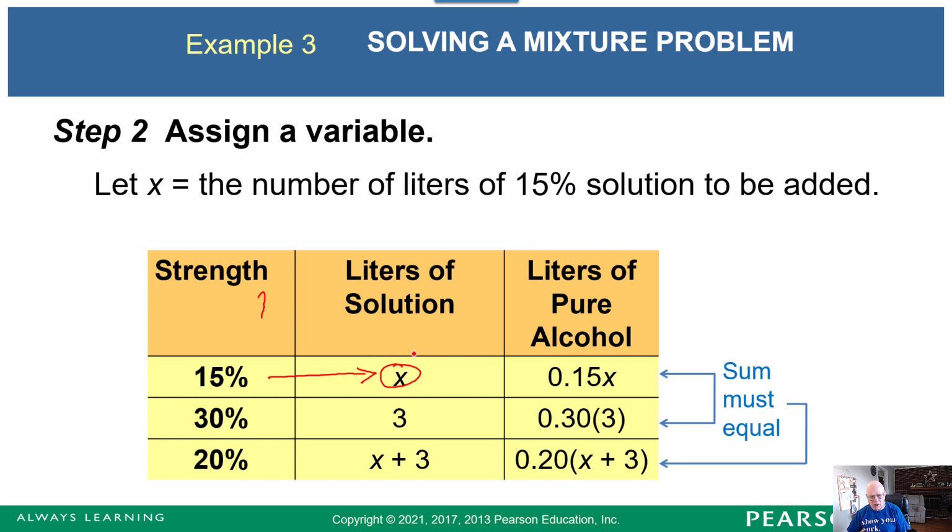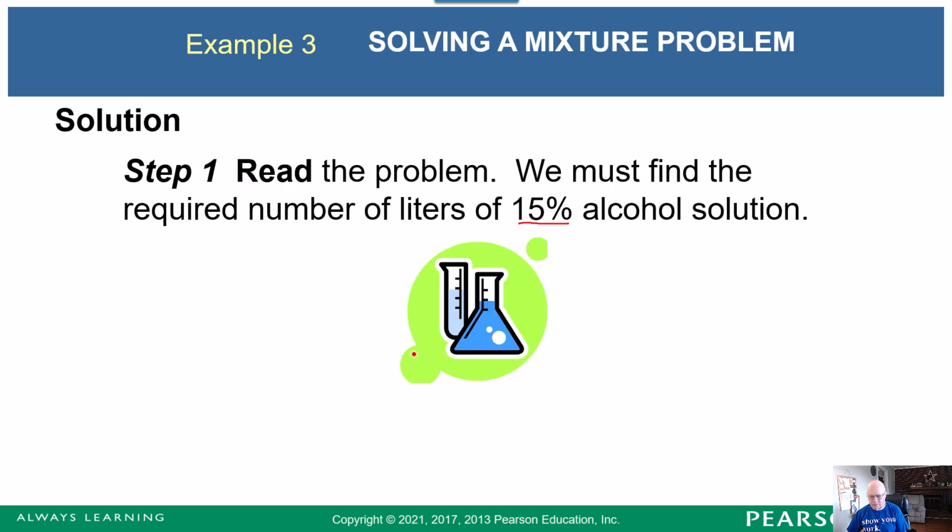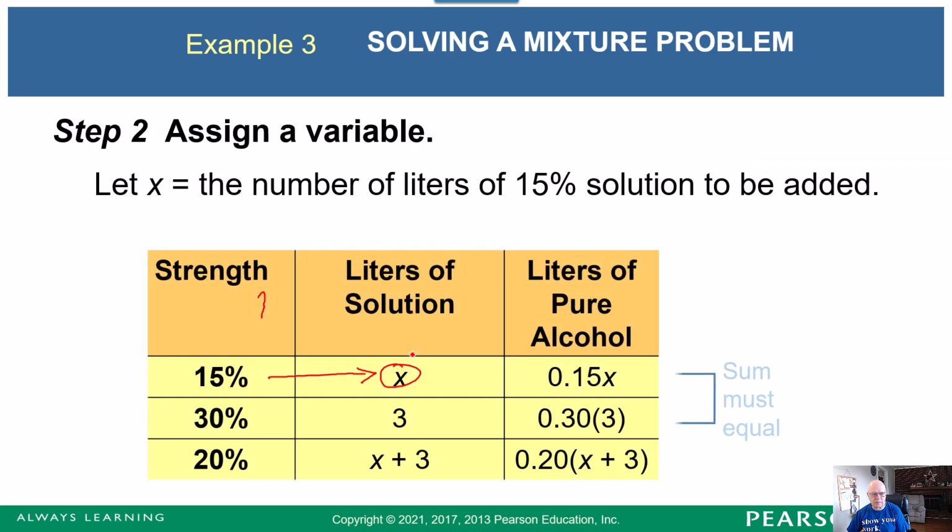Now it said in the problem that what you need is to add it to 3 liters of the 30%. So 3 is already given, so you can put that in. You can put the liters in there if you want to, that's up to you.